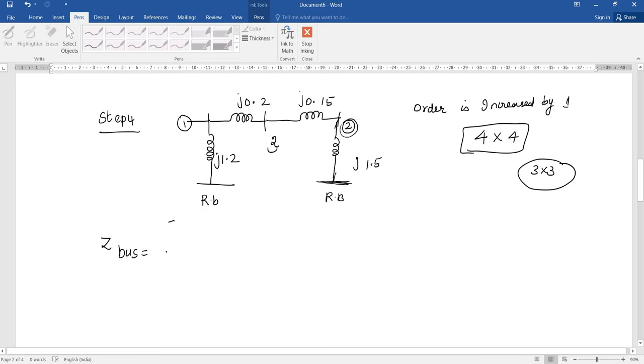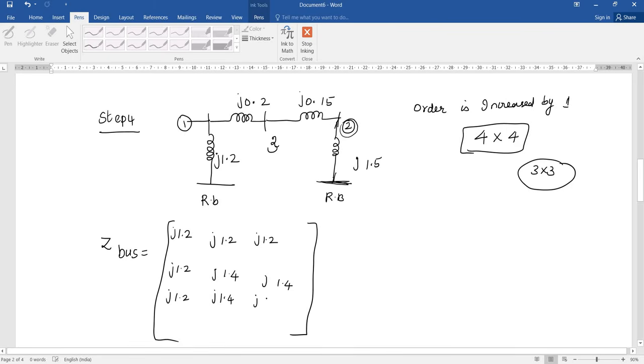So I have to rewrite the Zbus. Have to write the old bus now. Old bus values: j1.2, j1.2, j1.2, here j1.4, j1.4, j1.55.